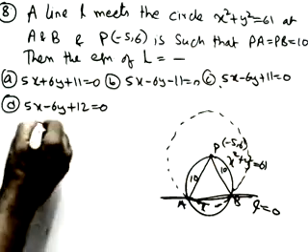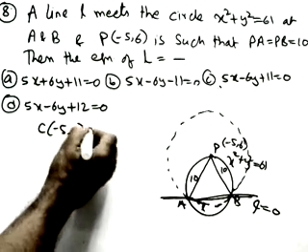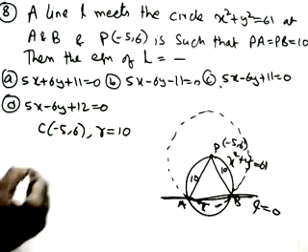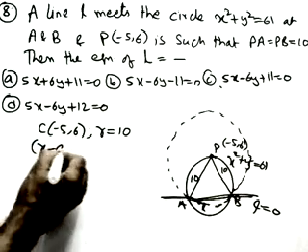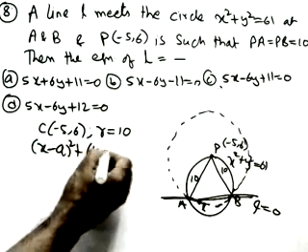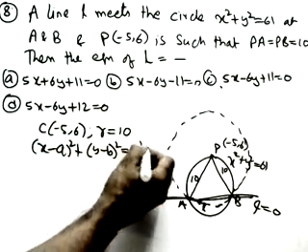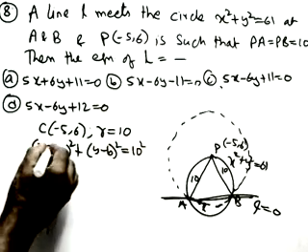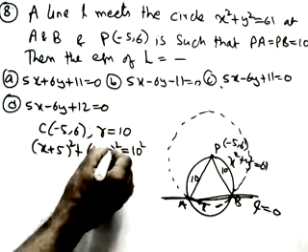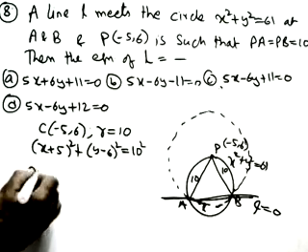One circle is already given, and the other circle we can find with center minus 5 comma 6 and radius 10. We know the equation with center and radius is x minus a whole square plus y minus b whole square equals to r square. So this will be x plus 5 and y minus 6.